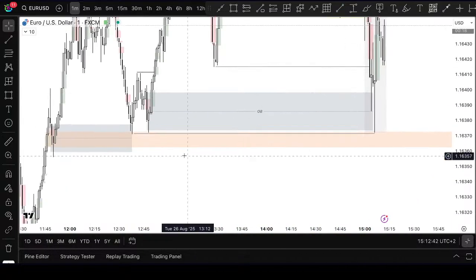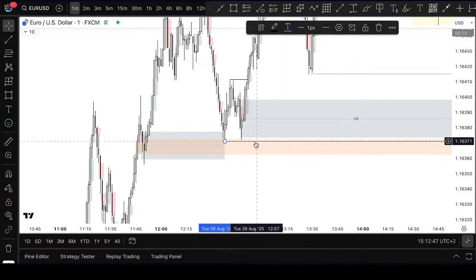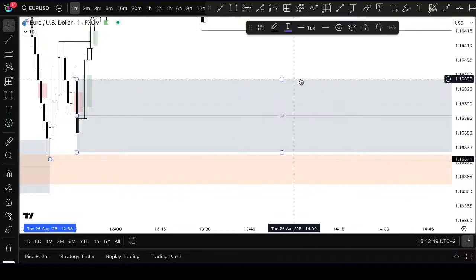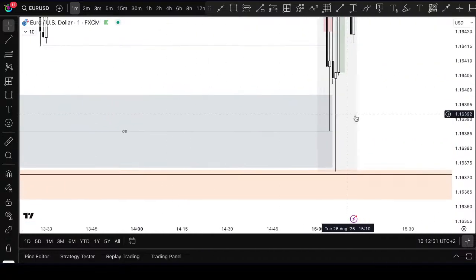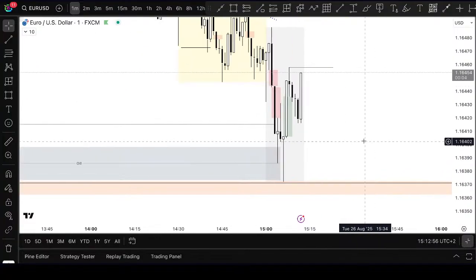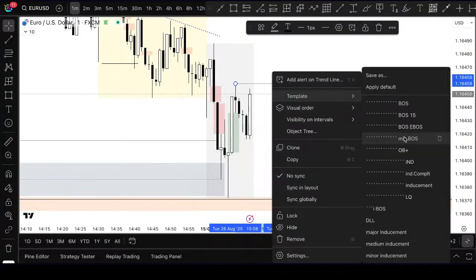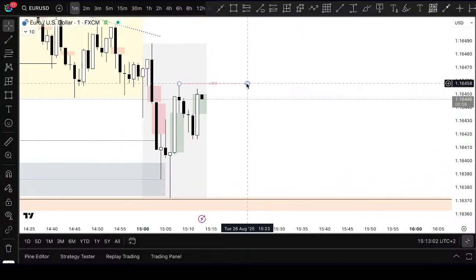That's the most important point. This point has not taken the low, and definitely this has not taken it, so we are definitely bullish. If the price wanted to go low, it would have taken this. So now we have an entry confirmation here. This is the entry break of structure.